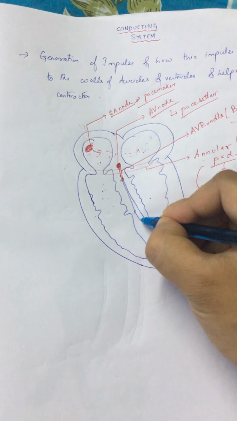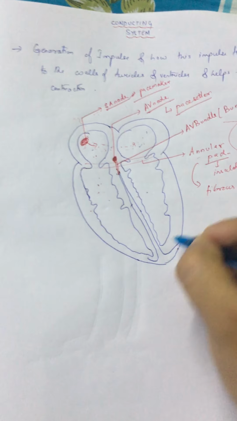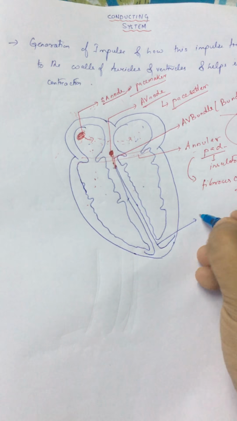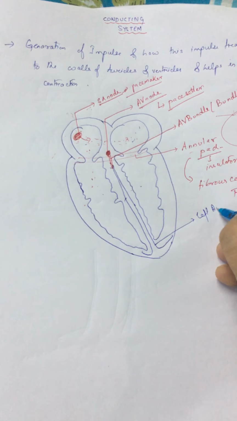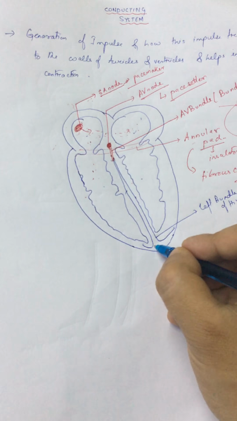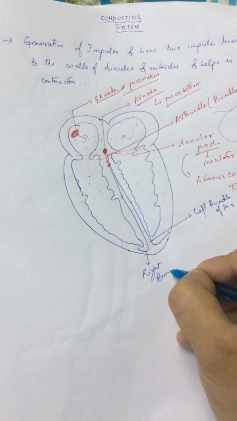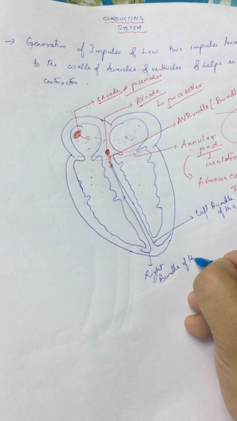One is called the left bundle of His, and the other is called the right bundle of His.